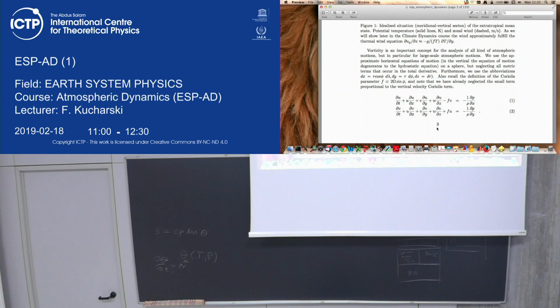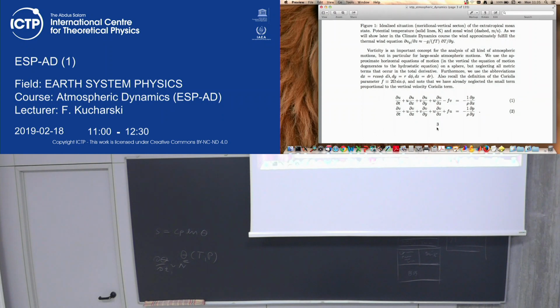And then we have this new term for our large-scale flow, which I'm sure you have derived in Ricardo's lecture. What are these two terms here? Coriolis parameter, that's the Coriolis force, or Coriolis acceleration in this case.